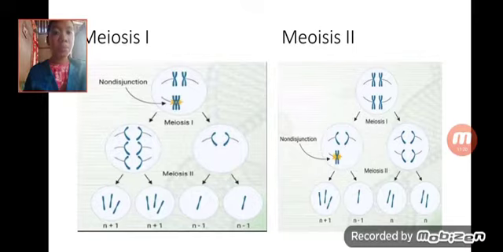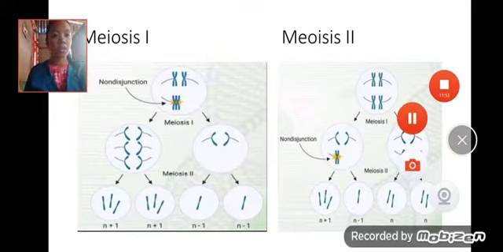So, the diagram below shows how non-disjunction can take place during meiosis 1 if homologous chromosomes don't separate, and how this can lead to the production of aneuploid gametes. Non-disjunction can also happen in meiosis 2 with sister chromatids instead of homologous chromosomes failing to separate. Again, some gametes contain extra or missing chromosomes.